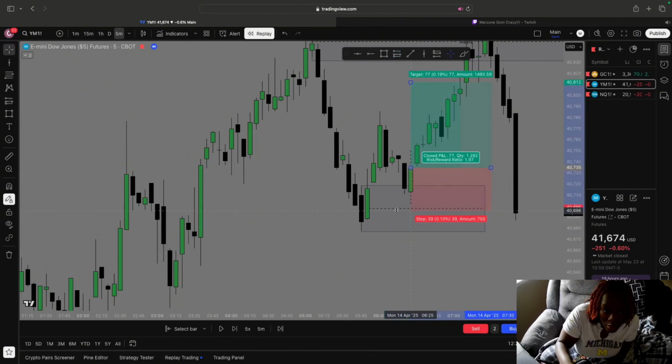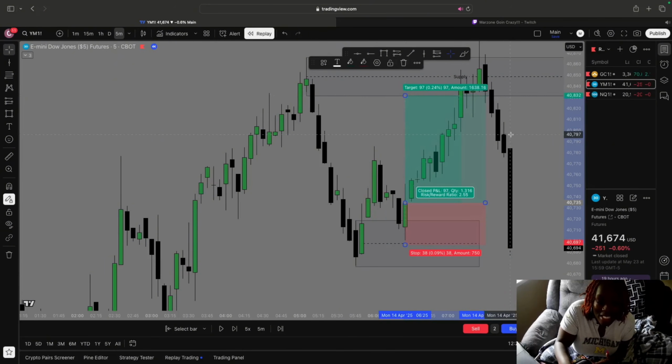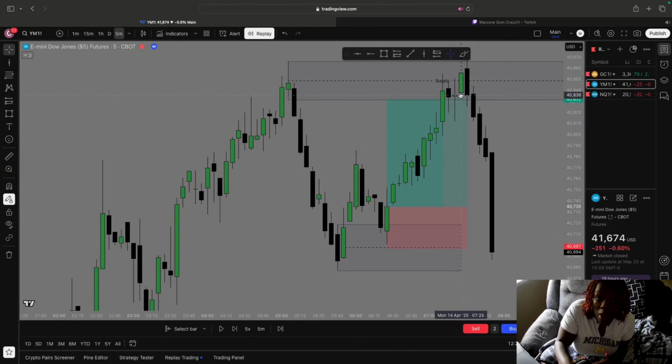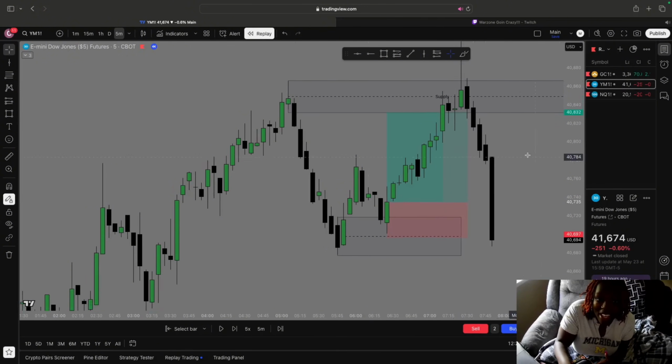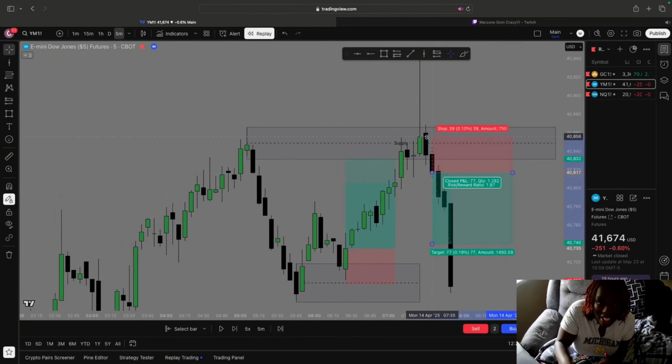Because I would have liked that personally. Take it with that wick up under. You can take it to the supply, just for however much you want to take it for. But still, you can take it to the supply, let it hit the supply, wait to see how it reacted to your supply zone, and then get in where we had got in just then, here.